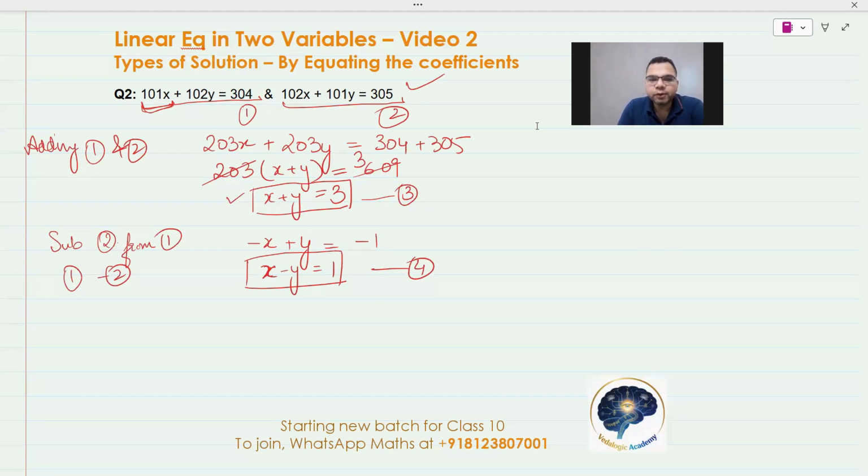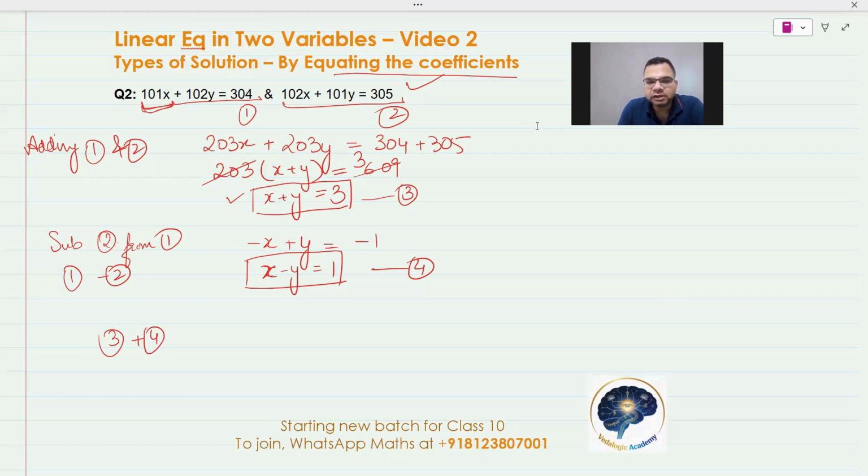Now, if you see, x plus y is 3, x minus y is 1, and so the coefficients are the same for these two equations, 3 and 4. So I'm going to add 3 and 4. What will happen when I add 3 and 4 is, this is x plus y plus x minus y.